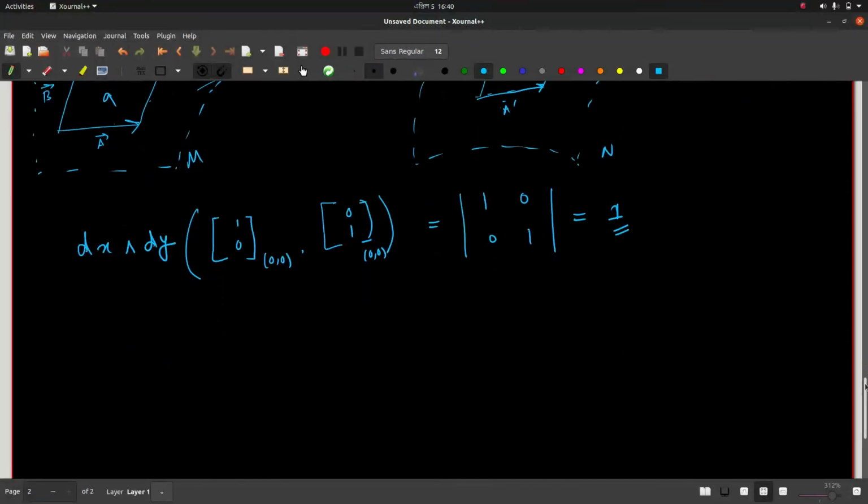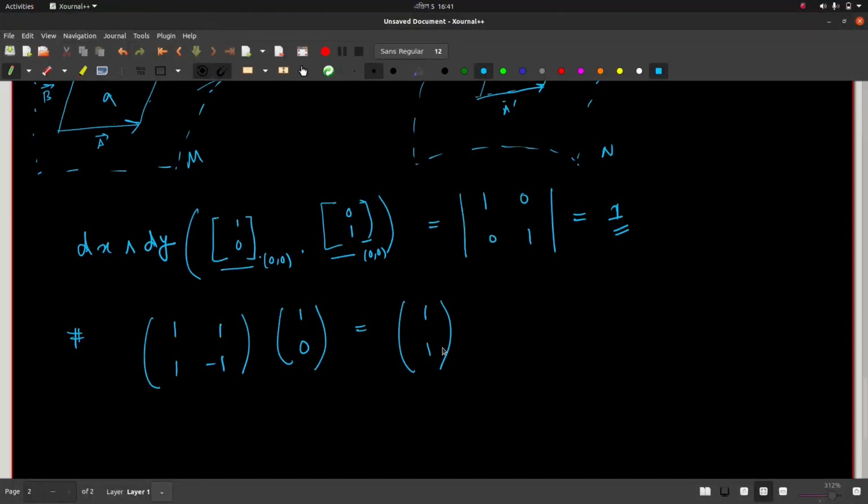And now let's consider the idea of push forwards, that is, these two vectors will get pushed forward. So the pushed forward version of this vector (1, 0) will be (1, 1), and the pushed forward version of (0, 1) will be (1, -1).